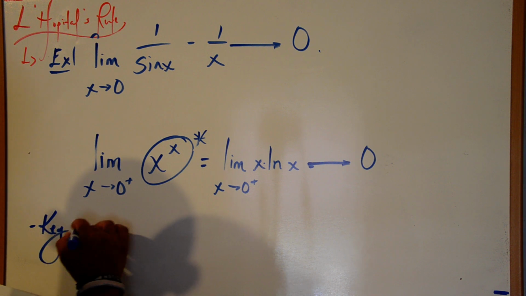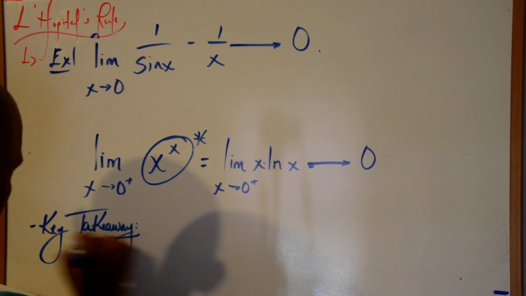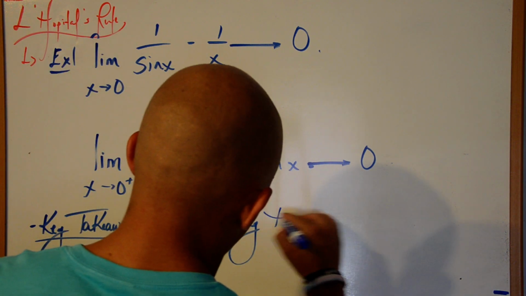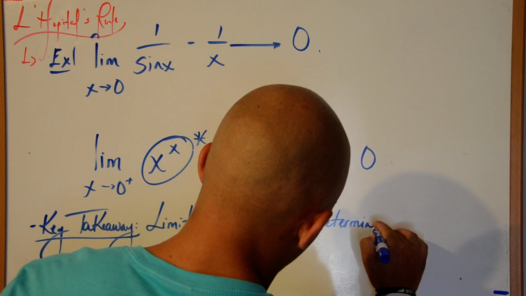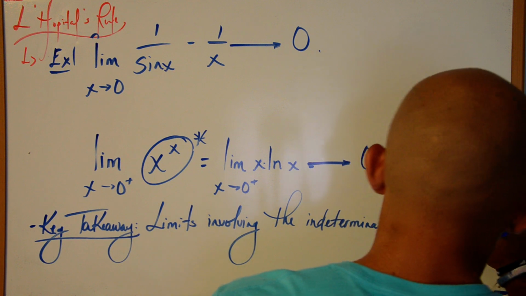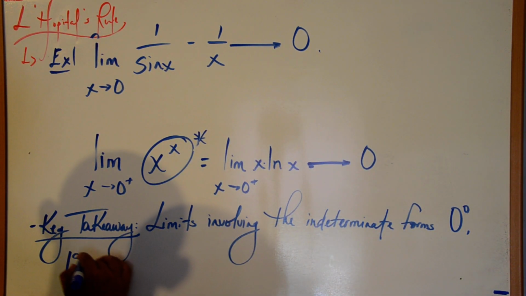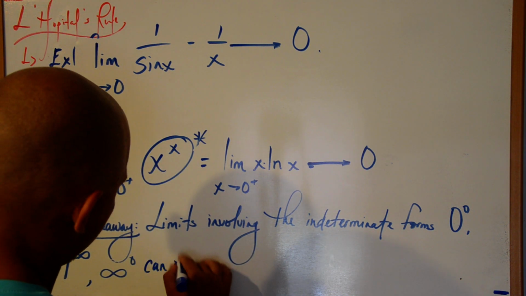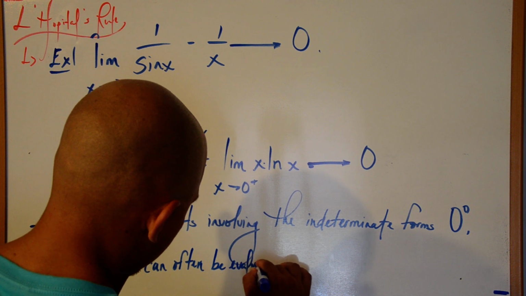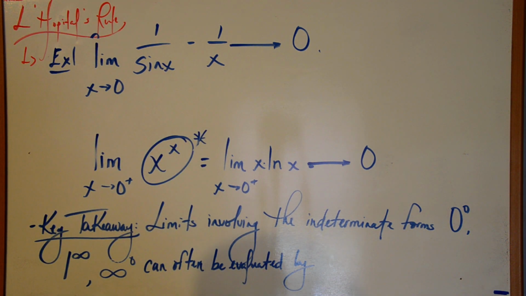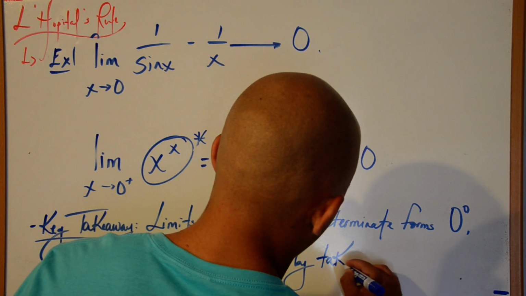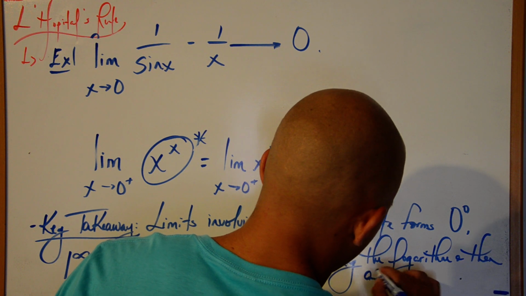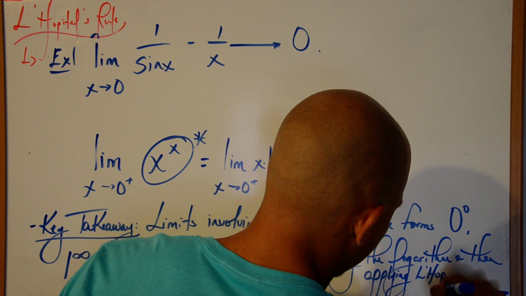So key takeaway point: limits involving the indeterminate forms 0 to the 0, 1 to the infinity, infinity to the 0 can often be evaluated by taking a logarithm and then applying L'Hopital's.